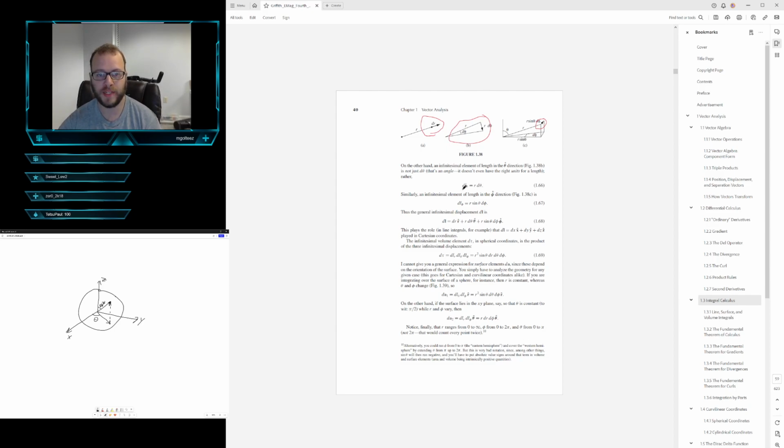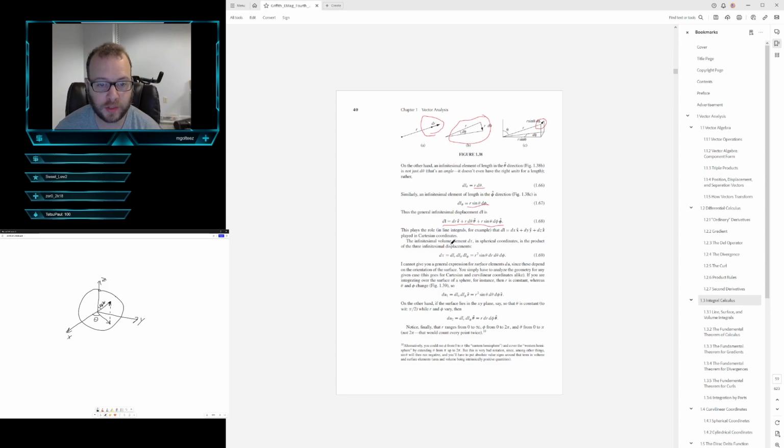But the dl along the theta direction is r d theta. The dl along the phi direction is r sine theta d phi. So the final vector dl is given here. Very useful for line integrals and the like.